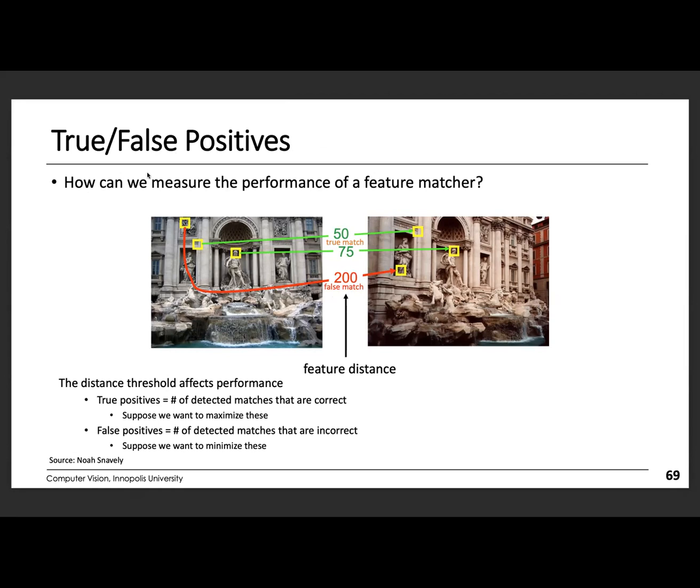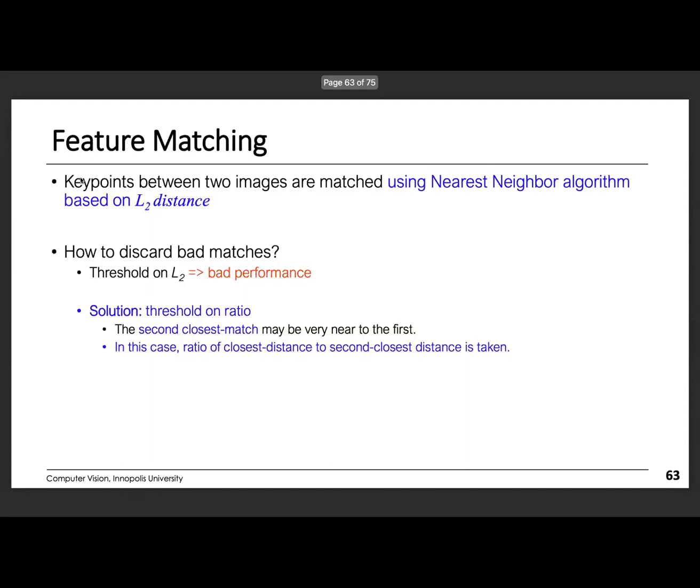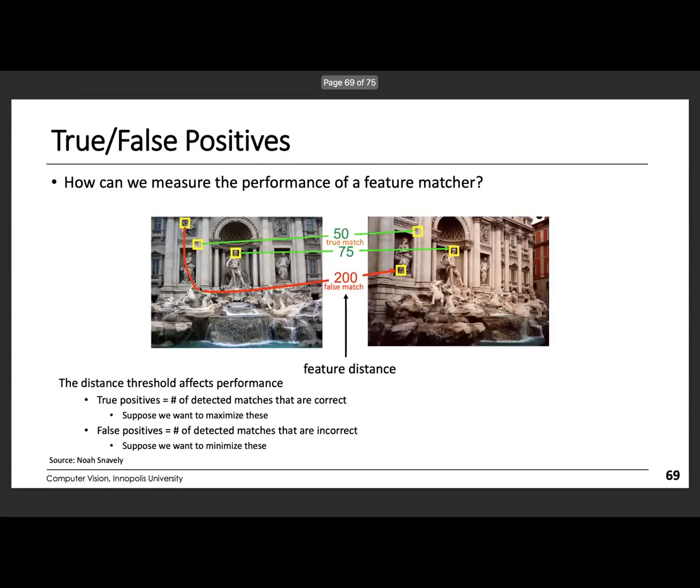So to measure the performance of a feature matcher, we can think of it as just a classification problem, right? The distance threshold affects the performance. So if you set the distance threshold to 80, then this would be a very good model. But if you set it to 250, then it's not a very good model.